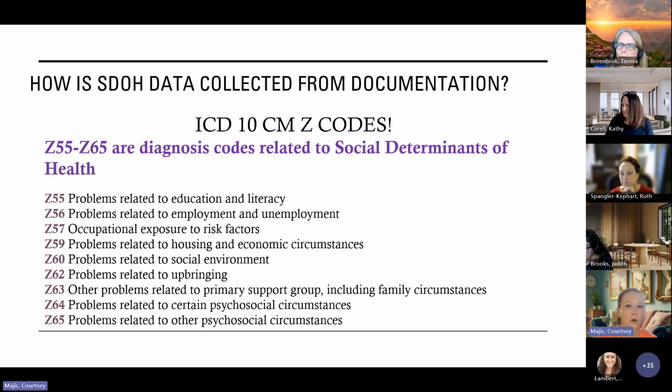These are all of the codes related to those social determinants: education and literacy, employment and unemployment, occupational risk factors, problems relating to housing and economic circumstances, problems with the social environment, problems with upbringing, other problems related to support group and family circumstances, and then those psychosocial circumstances as well.